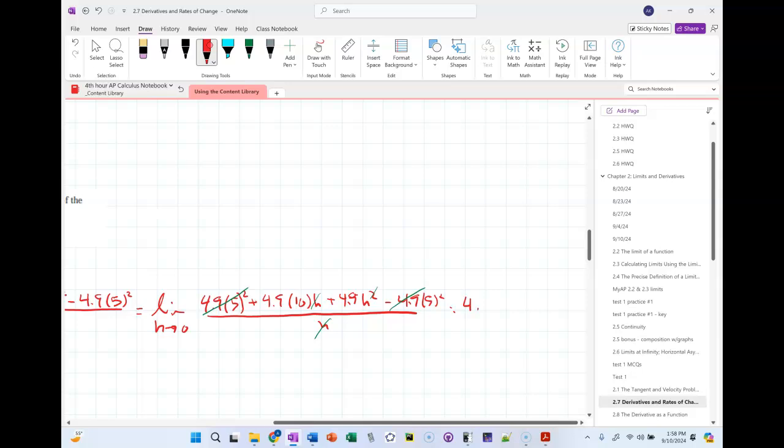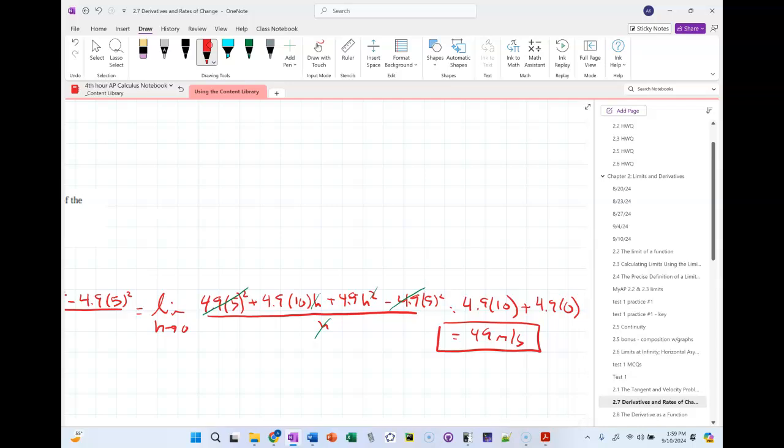So I have 4.9 times 10 plus 4.9 times 0. So I have 49 meters per second. Feel okay? So far, so good?